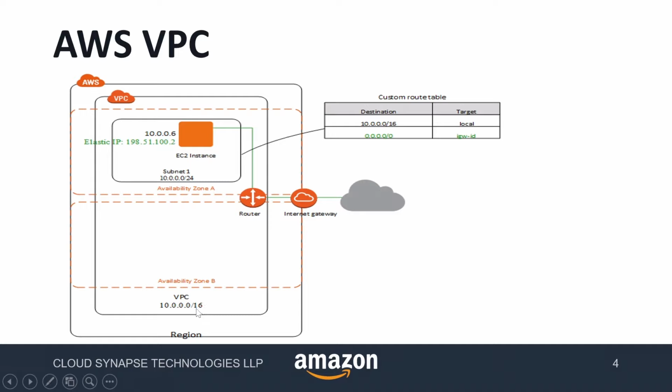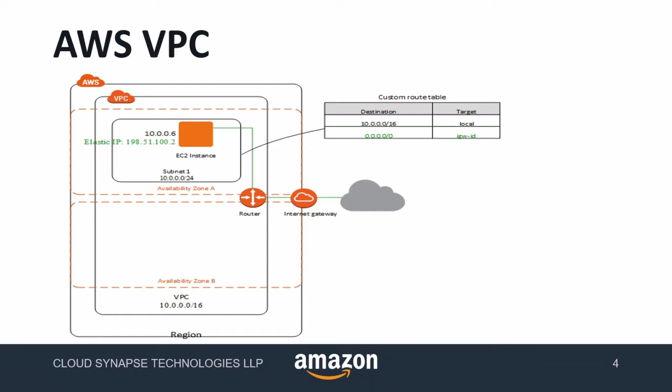CIDR means classless inter-domain routing. In all cloud computing, they are using CIDRs only. It's not exactly similar to the networking IP address. It is quite similar, but they have some different rules for the cloud.